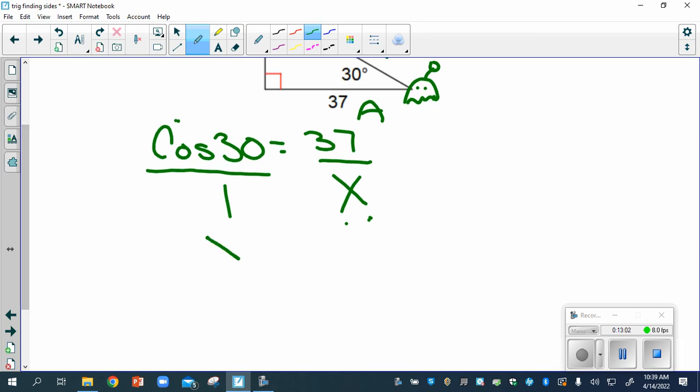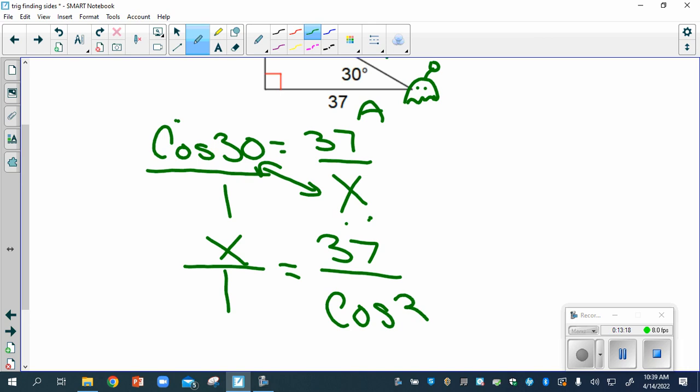So what I'm going to get is x over cosine. I'm sorry, I did that wrong. I'm talking too much. I'm going to get x over 1 equals, because I'm just flipping this guy with this guy, 37 over cosine 30. And you're thinking, why does that help me?